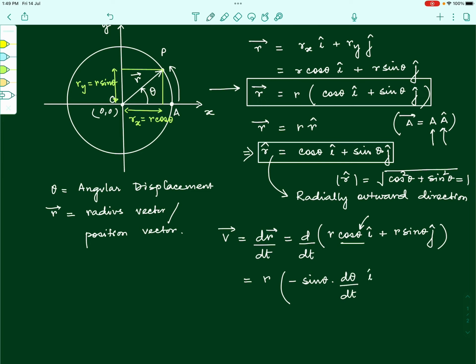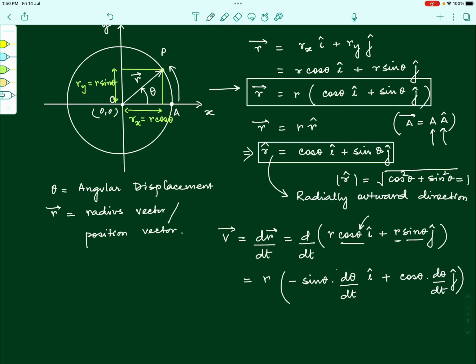This comes from our knowledge of rules of differentiation, right? When we are differentiating with respect to a different variable, this is how we manage it. Plus the second term would be, we have already taken an r outside, so differentiation of sin theta will be cos theta, into once again d theta by dt into j cap. This is what we shall get upon differentiating the expression.